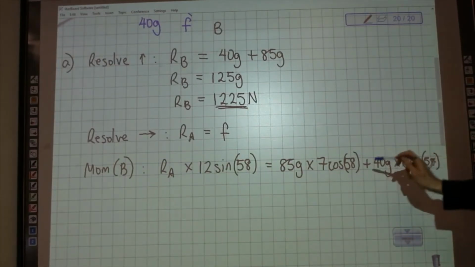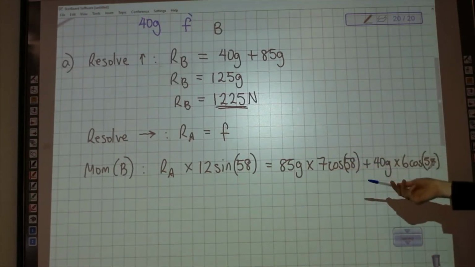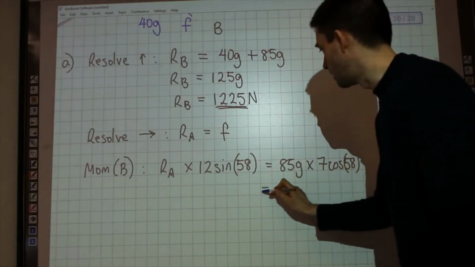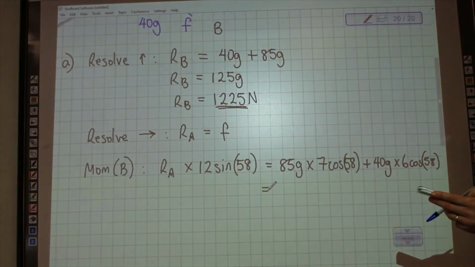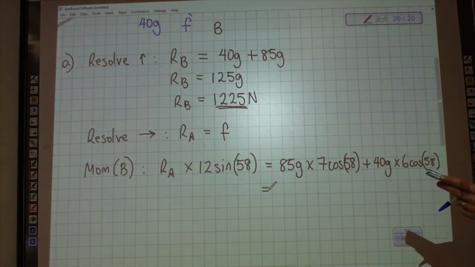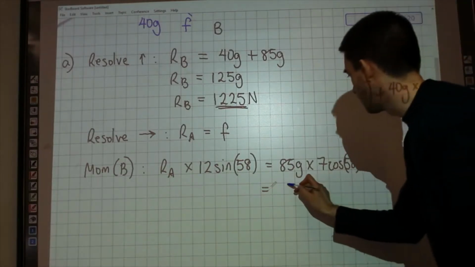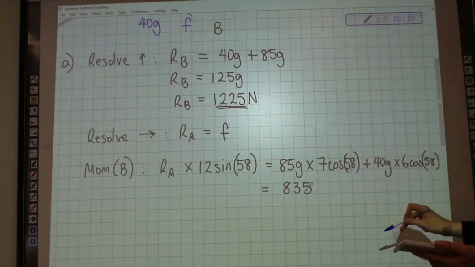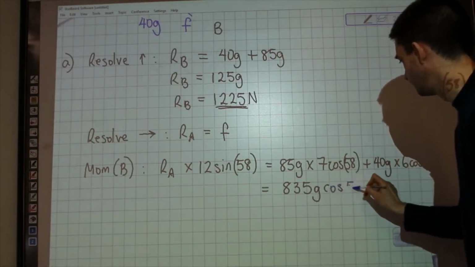Now, what I can do is actually, because it's all cos 58's and g's, I can collect that all together to be a single term. So 7 times 85 is 595, I believe. Yes, it is. Plus 240, which is 40 times 6. So I have 835g cos 58.